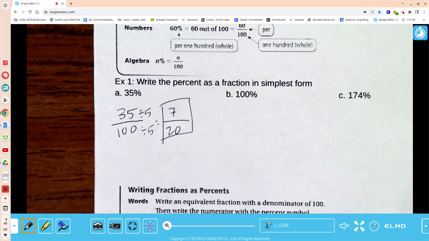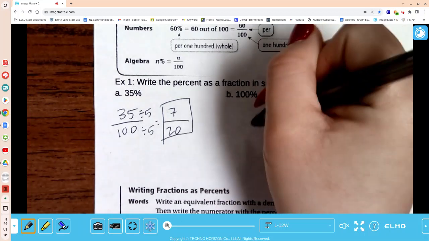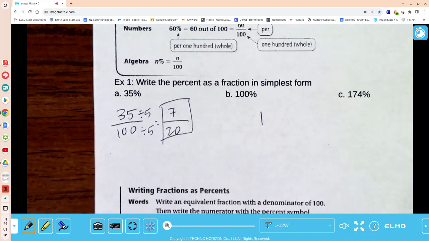Okay, this one, 100%. What do you think I'm going to write this as a fraction to begin with? What do you think my first fraction I would write down without simplifying or anything? If it says 100%, what does that mean? Emma? It is going to mean 1 at the end of it. Can anybody think of what fraction we maybe could start with that would help us see that it's 1 if we didn't already know?